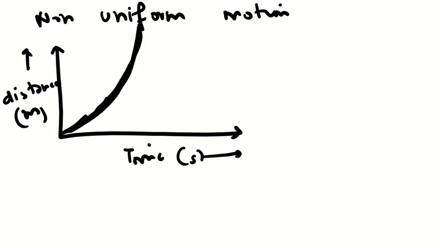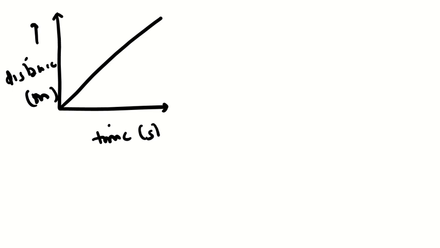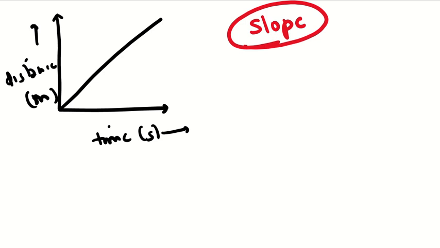Now what is important is to know what this graph helps us to know. Let me take this graph again for a uniform motion, with distance and time in seconds. Here we need to calculate the slope. What is slope? I don't know if you have done it or not.